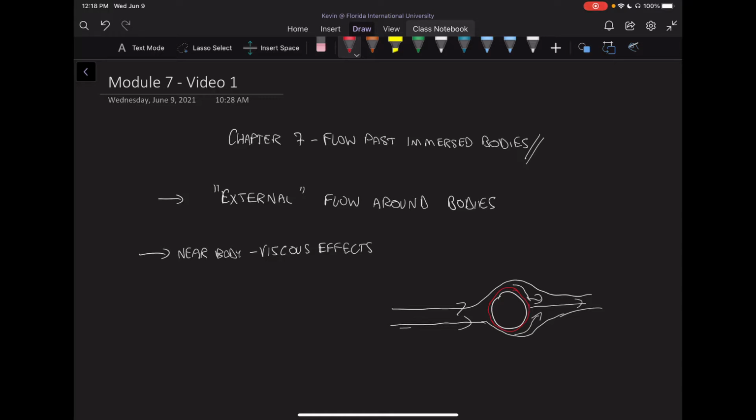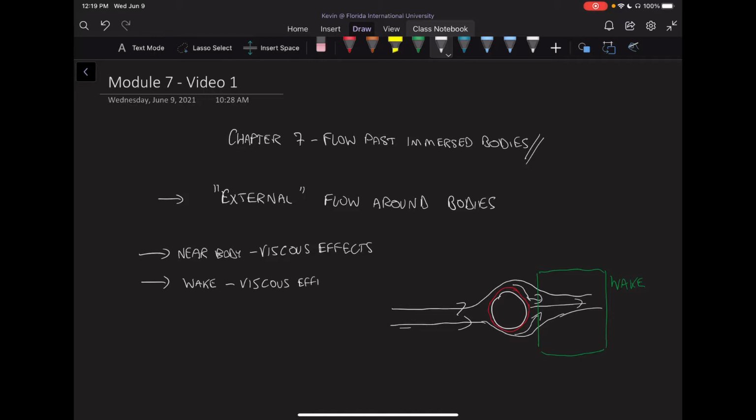The next part that we're going to be interested in is what we call the wake. And the wake is usually the region, I'll show it in green, the region that is behind the body where the flow is complex and reconnecting together from the top side, the bottom side. This is usually called the wake. And in the wake, we're also going to be interested in these viscous effects.